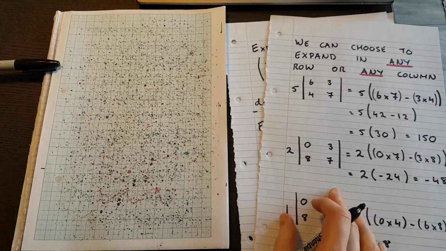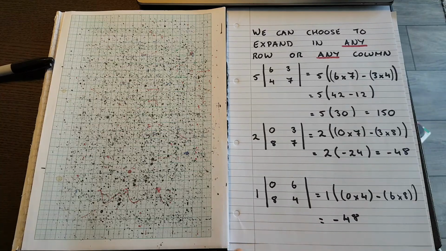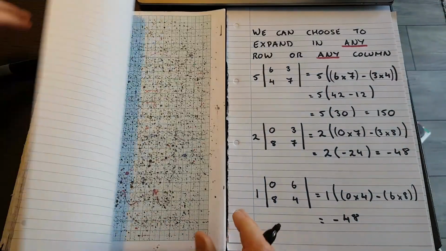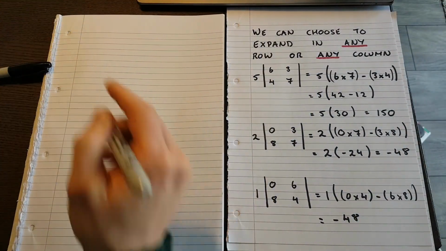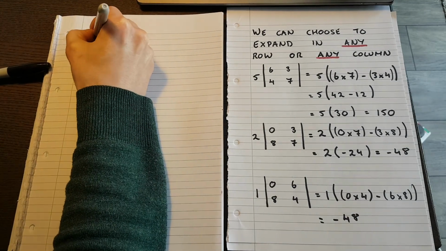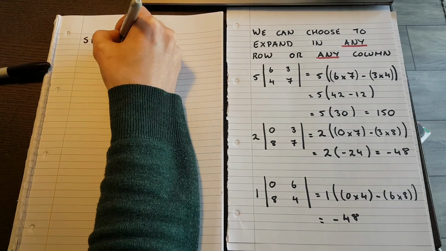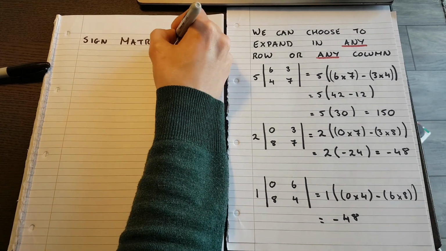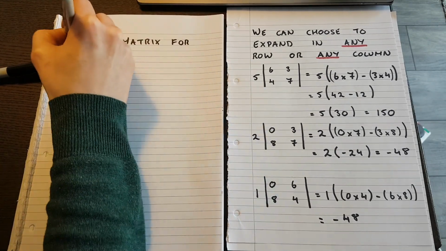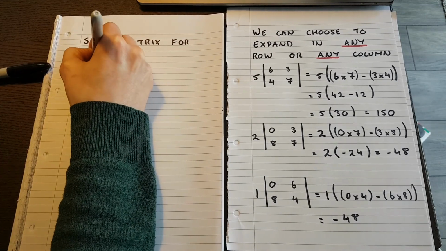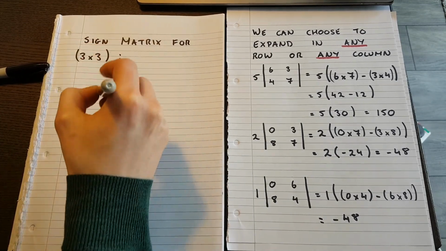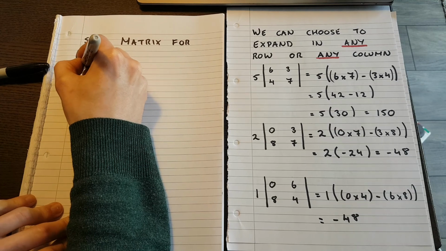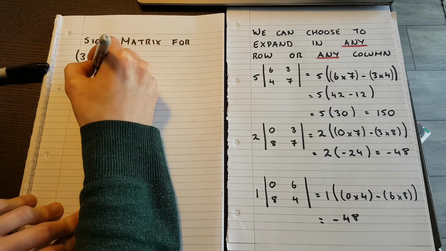Now I need to adjust them according to the expansion matrix, or the sign matrix. The sign matrix has a very similar form in 3 by 3. It's very simple, not difficult at all actually.